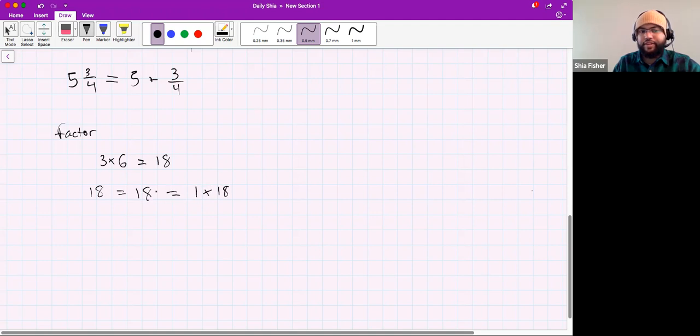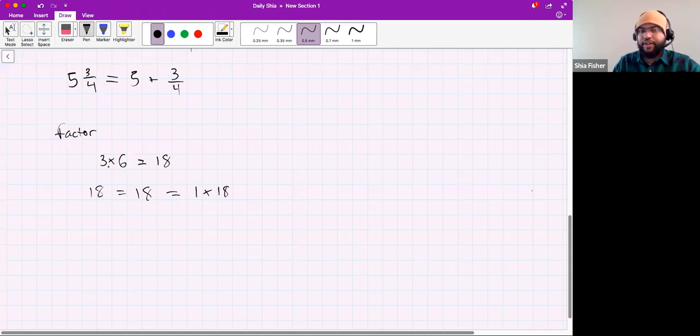Now, I know that seems repetitive and not very productive, but this is also an important process in math to reconcile with. This factor 1 is a factor of 18, just like 18 is a factor of itself, right? And the result is the product.